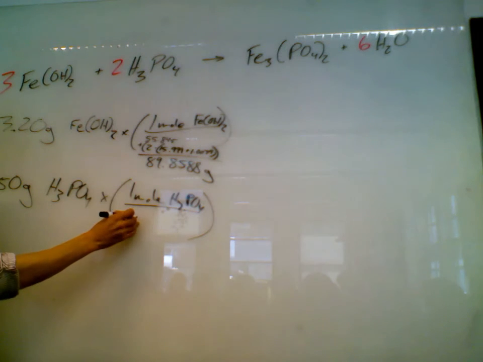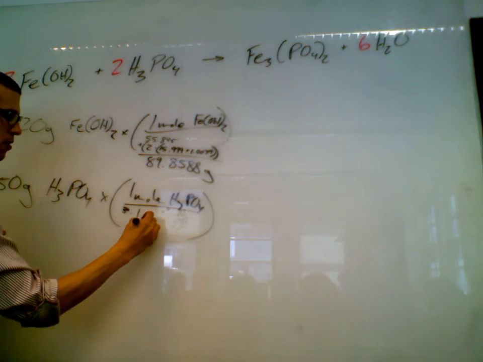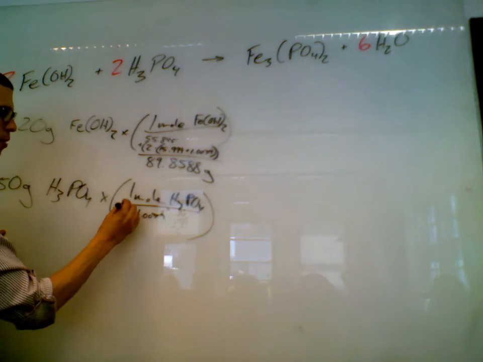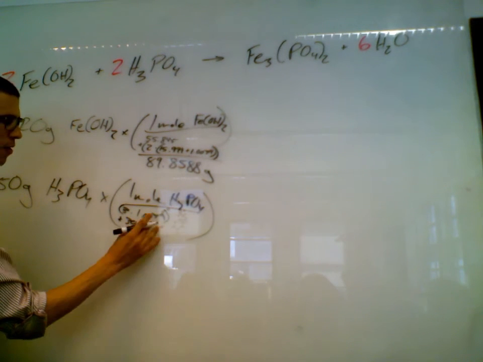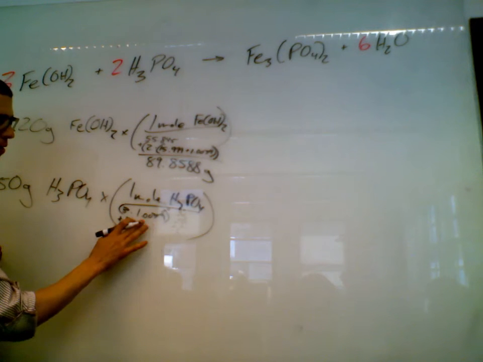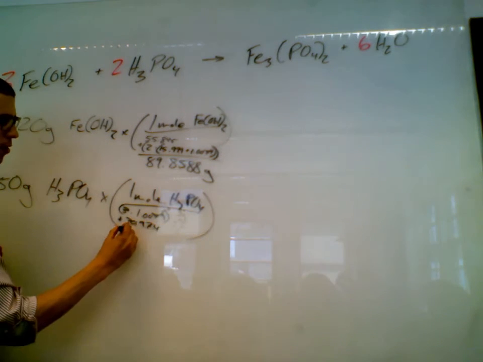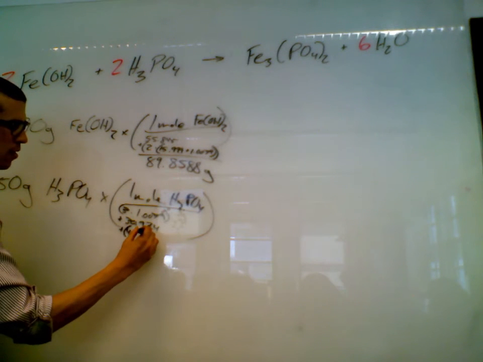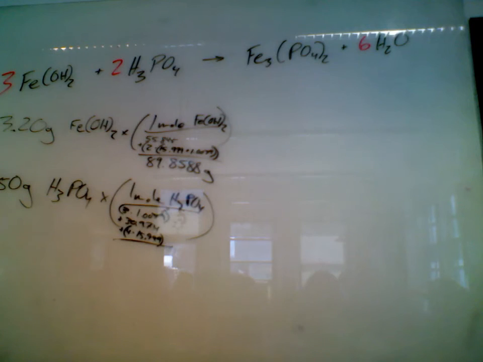Want to do this one real quick? Let's do this one. So this is 3 times 1.0079 plus P, which is 30.974, and then 4 times 15.999.